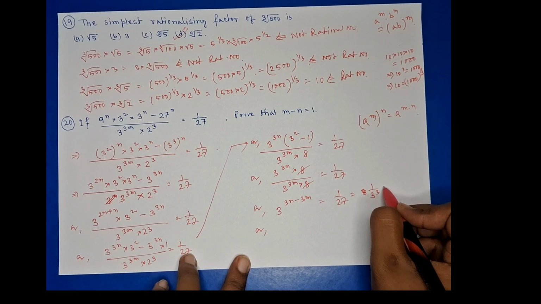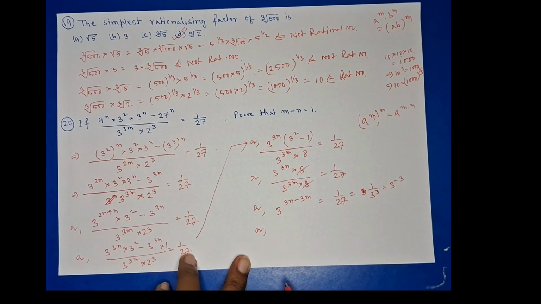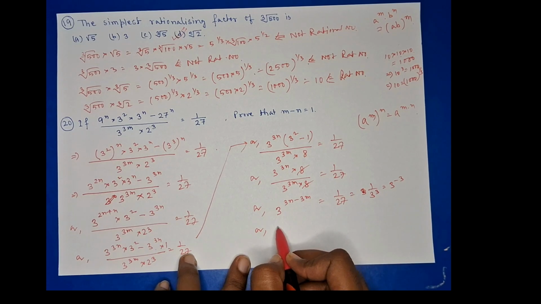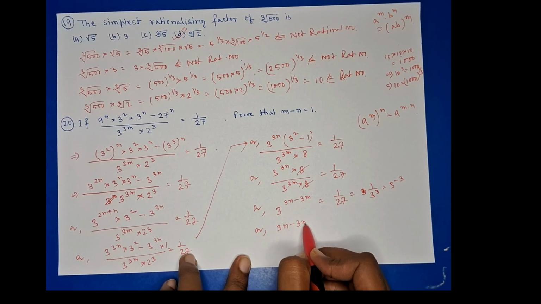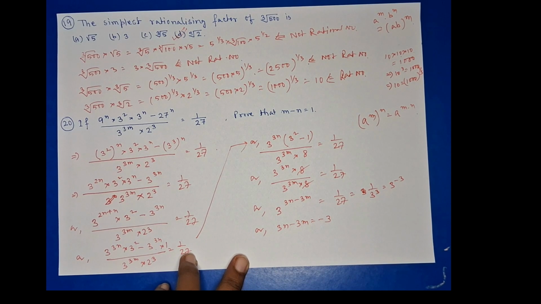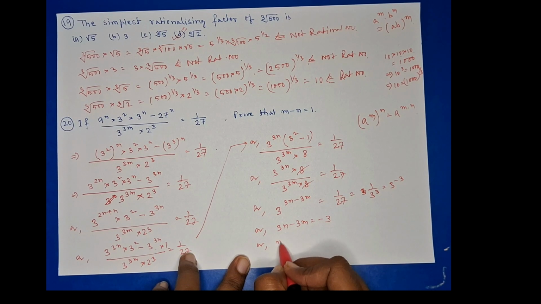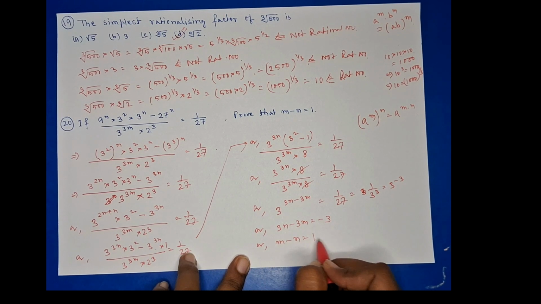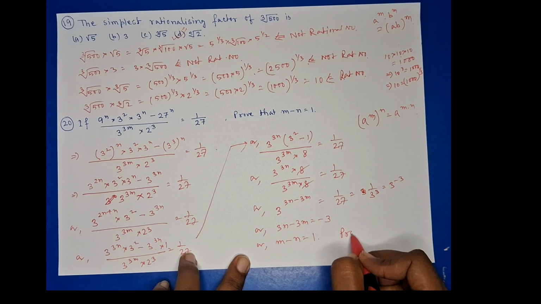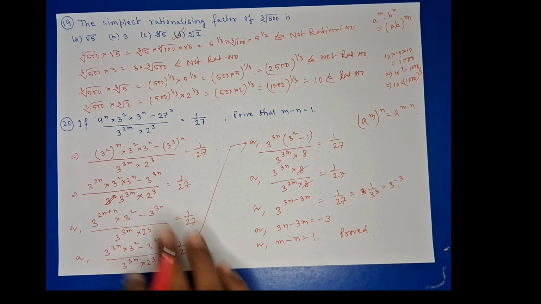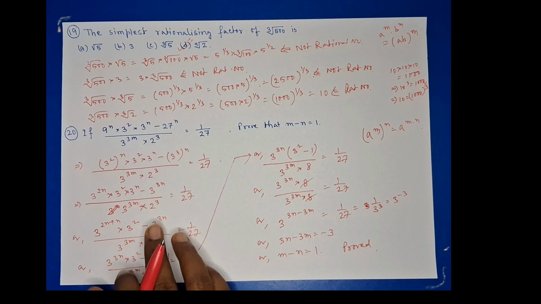Again I can write it as 3 to the power minus 3. So what will this become? 3n minus 3m is equal to minus 3. So we can write as m minus n is equal to 1. Proved. This looks very difficult, but not that difficult a problem.